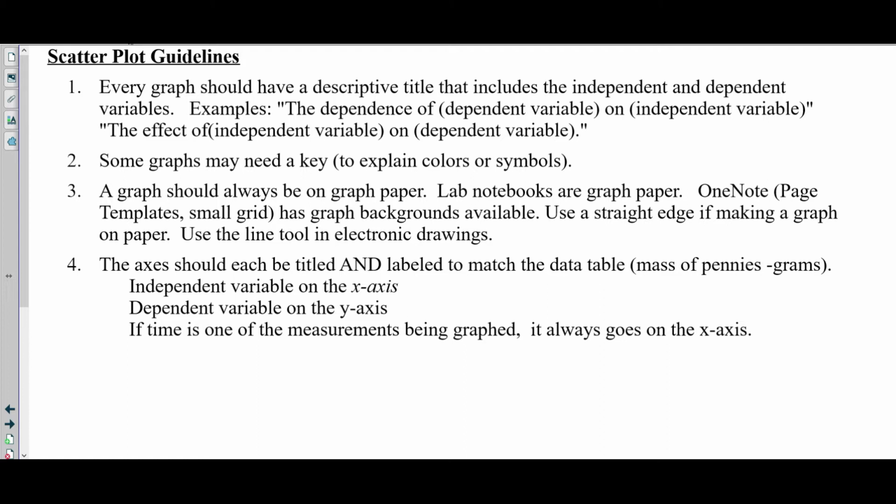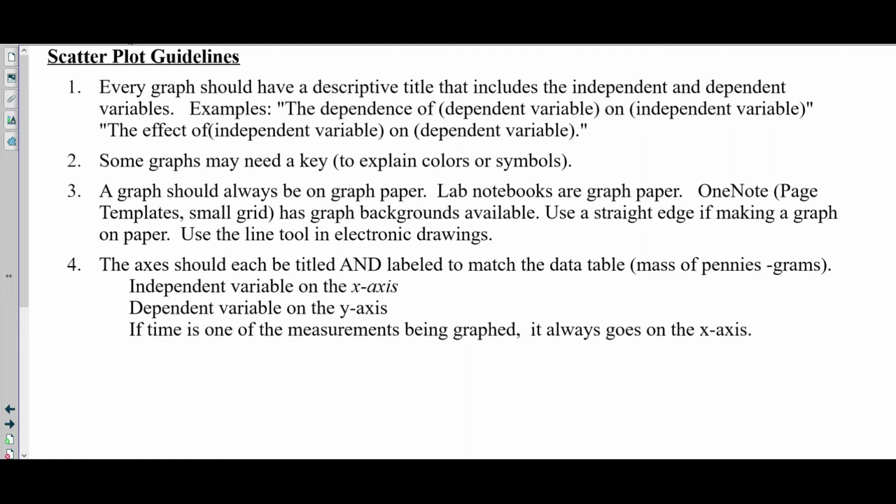Let's look at some guidelines for creating a scatter plot that will help you be successful. We're going to be drawing graphs all year, and every graph should have a title that gives a description. We should be able to determine the labels of the variables. You don't want something very simple. If I'm looking at pennies, I don't want the graph to just say pennies or pennies graph.